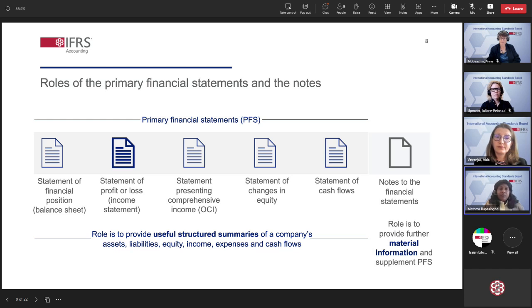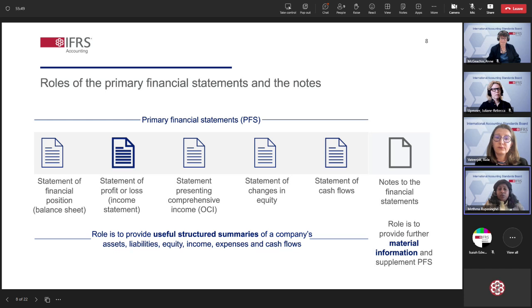The role of the primary financial statements is to provide useful structured summaries of a company's recognized assets, liabilities, equity, income, expenses, and cash flows. The role of the notes is to provide material information that will enable the understanding of the line items presented in the primary financial statements, and information that will supplement the primary financial statements to achieve the objective of financial statements.